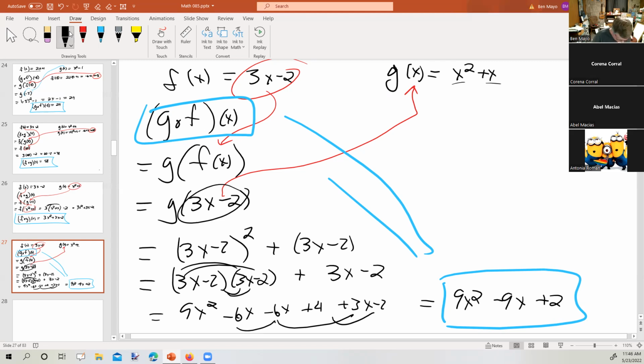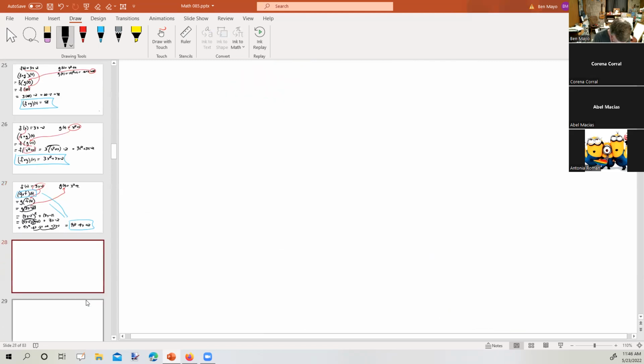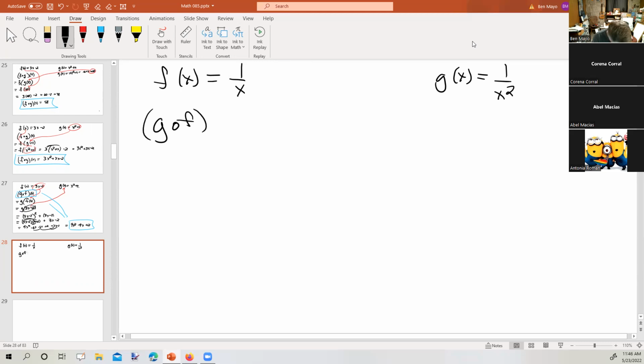Okay, how about this one? Let f of x equal 1 over x and g of x equals 1 over x squared. Let's find g composed with f of 1/3.